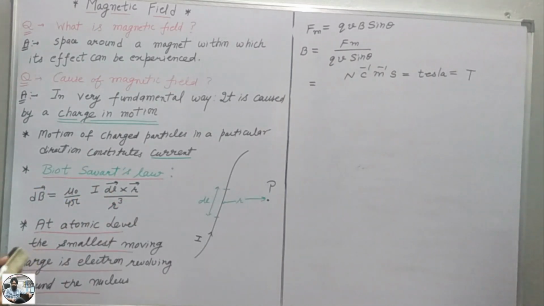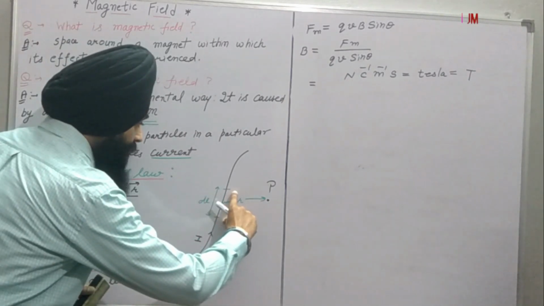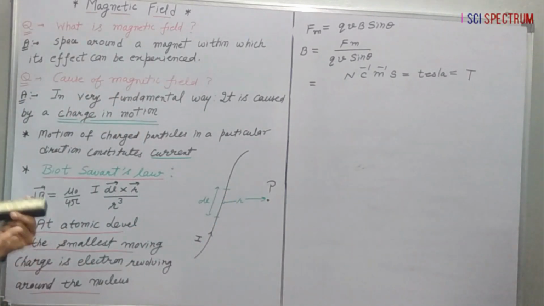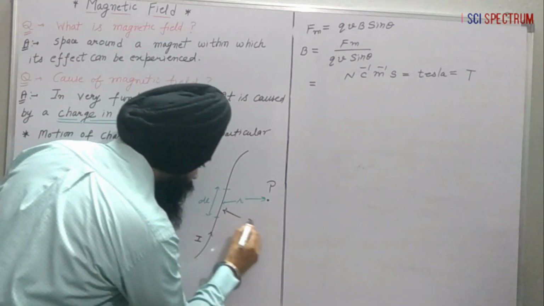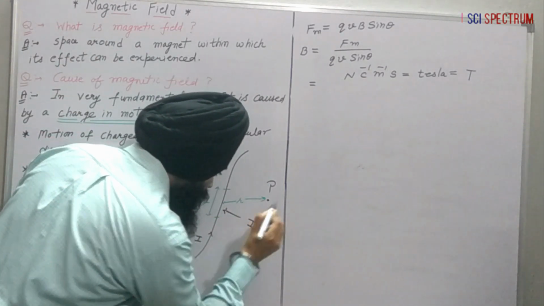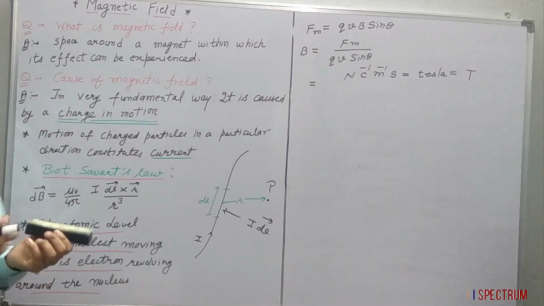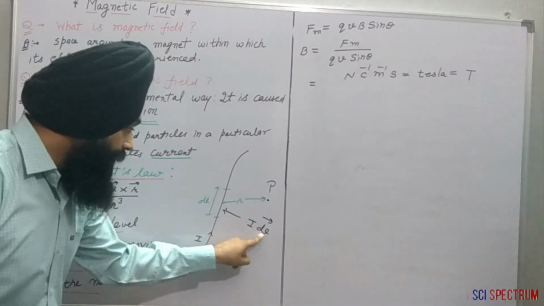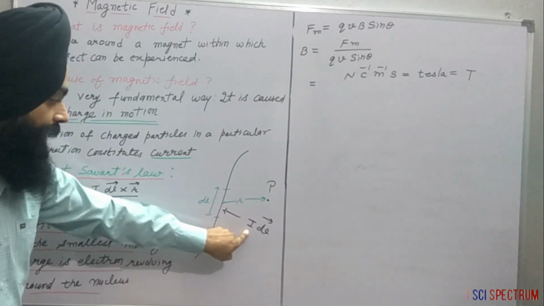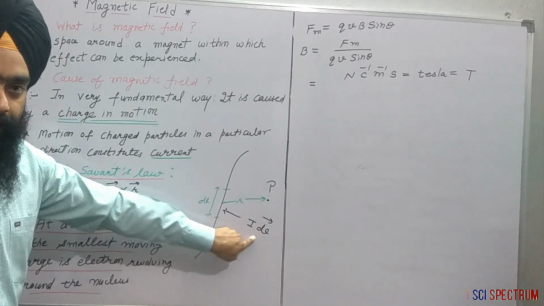Let us take a small portion of this wire of length dl, which is called the current element. This current element can be written as I dl. Current is a scalar quantity, but length dl is a vector quantity, so the combined form is called a current element.